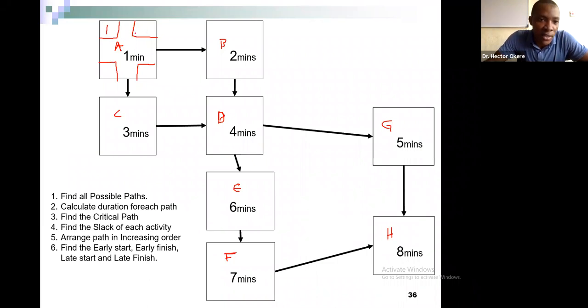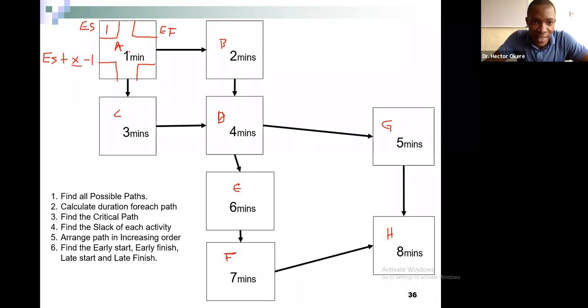Now, how do you calculate your early finish? Remember, early start is this side, early finish is this side. You calculate early finish as early start plus value, let's say your value is X, minus 1.